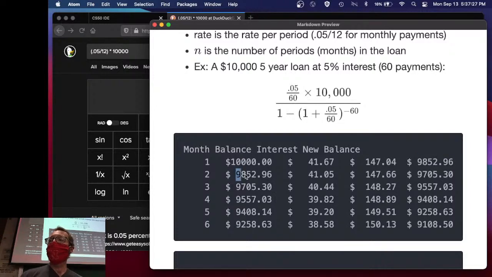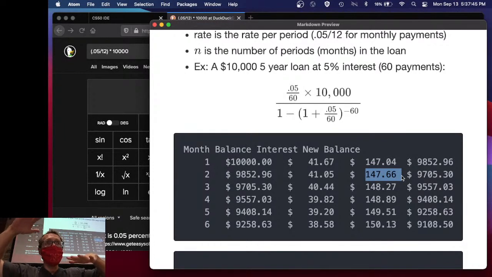The next month, we don't pay interest on the entire $10,000 because we don't owe $10,000. We only owe $9,852.96. So the interest goes down a little. The amount that we pay on the principal goes up a little. That's going to continue throughout the entire process until the last month, in which we're paying only a little bit of interest and everything else goes to the principal.